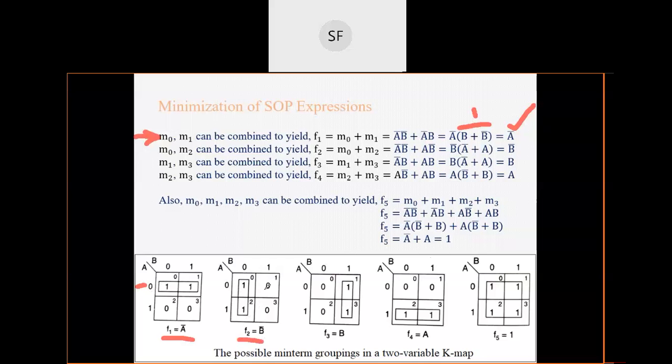Similarly, just observe the second K-map. Here which two terms are present? M0 and M2. This is regarding the second line. M0 and M2 can be combined to yield F2 equals M0 plus M2, where M0 is nothing but A bar B bar and M2 is nothing but A B bar. Now again you can take B bar common.